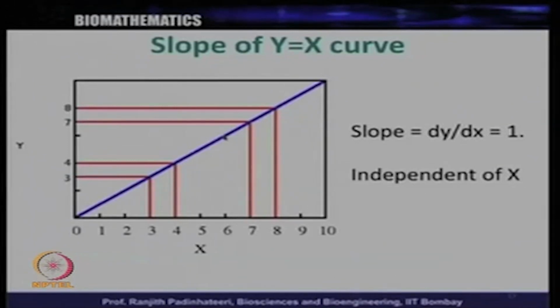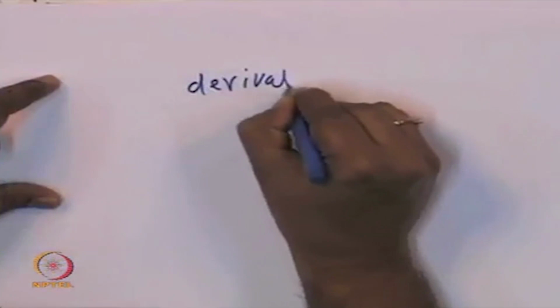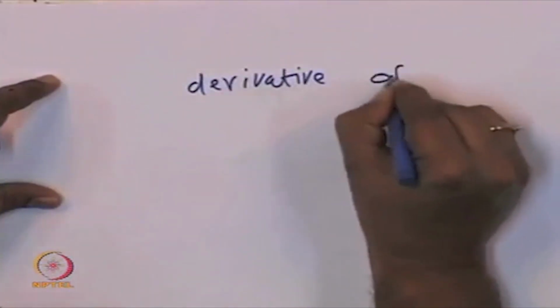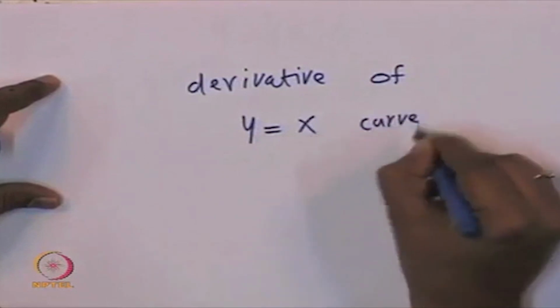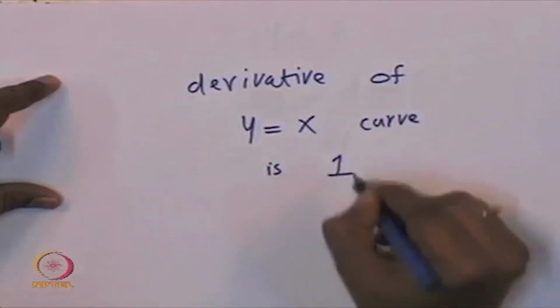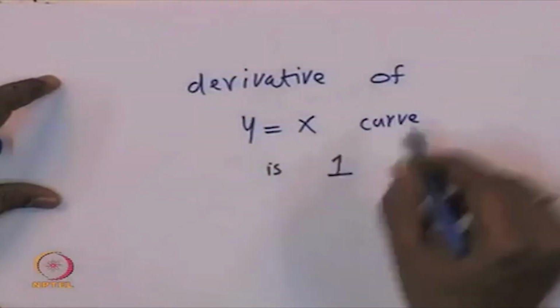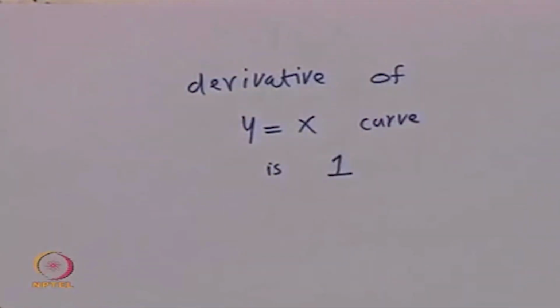So, you all know how to calculate the slope. Calculating the slope is called calculating the derivative. So, we can say the derivative of y equal to x is 1. What we are saying here is that the derivative of the y equal to x curve, or the y equal to x function, is 1.